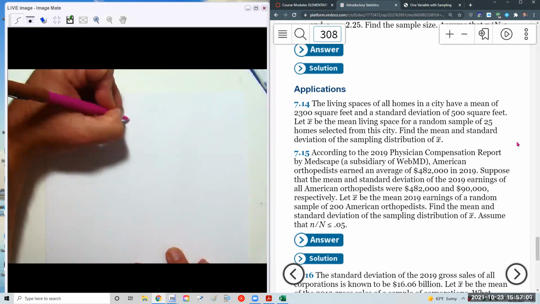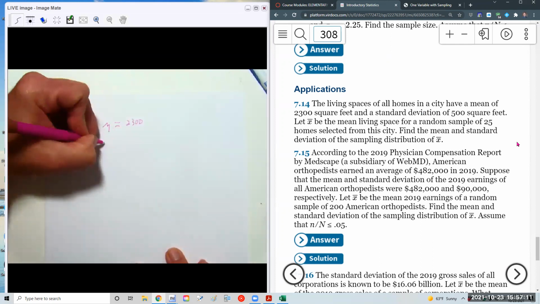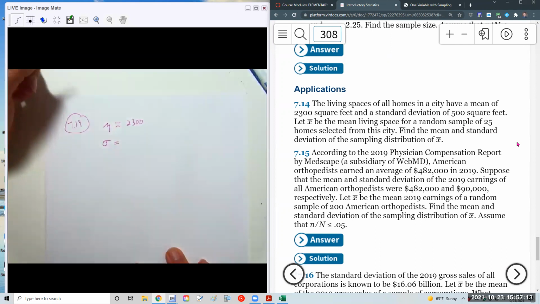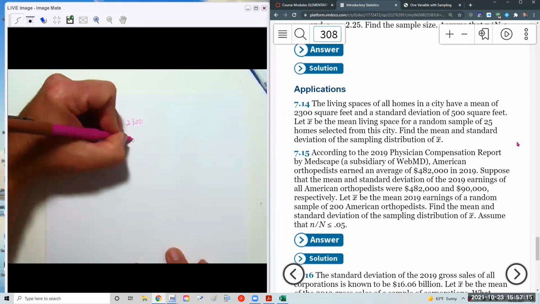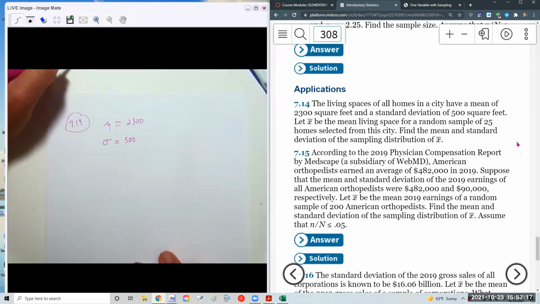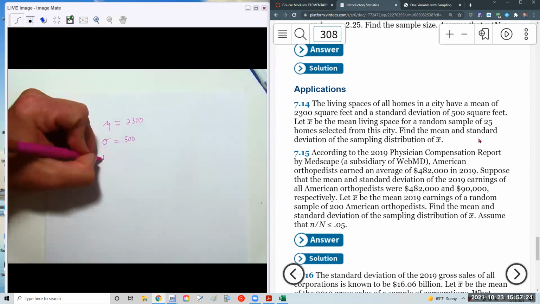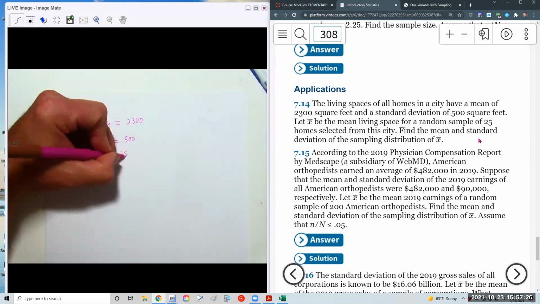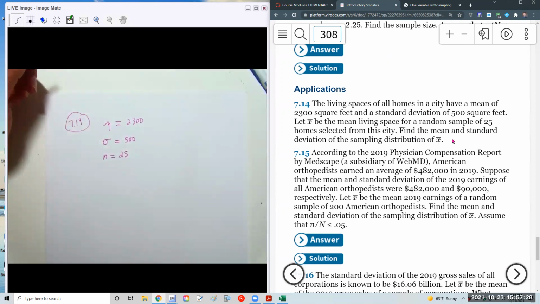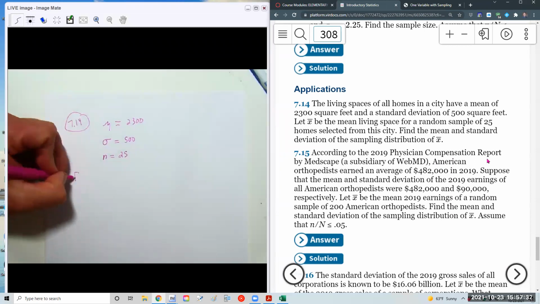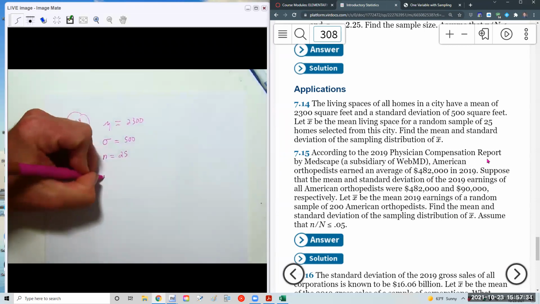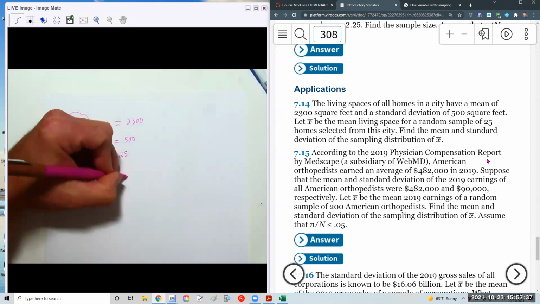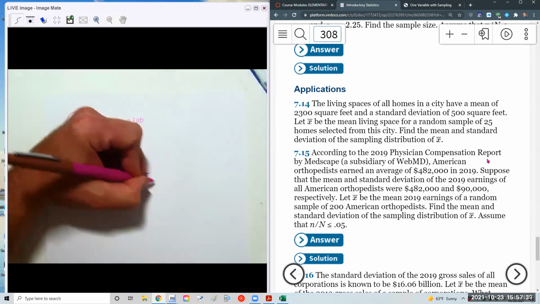Mu is 2,300, sigma, the population standard deviation, 500 square feet. Let X bar be the average living space for a random sample of 25 homes selected from the city. So n is equal to 25 now. Find the mean and standard deviation of the sampling distribution of X bar. So they're just saying, give me values for mu sub X bar and sigma sub X bar.